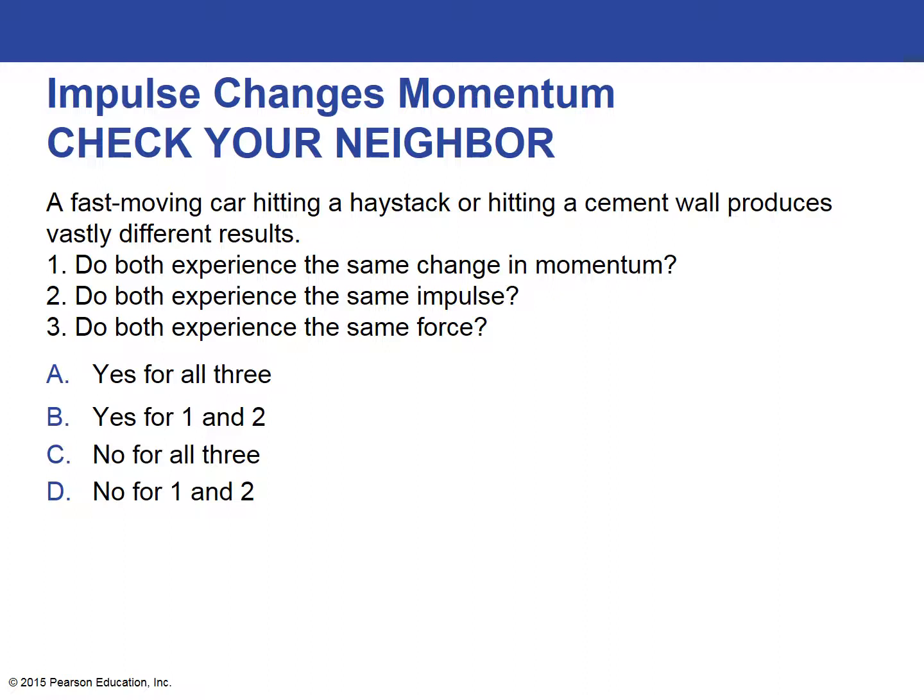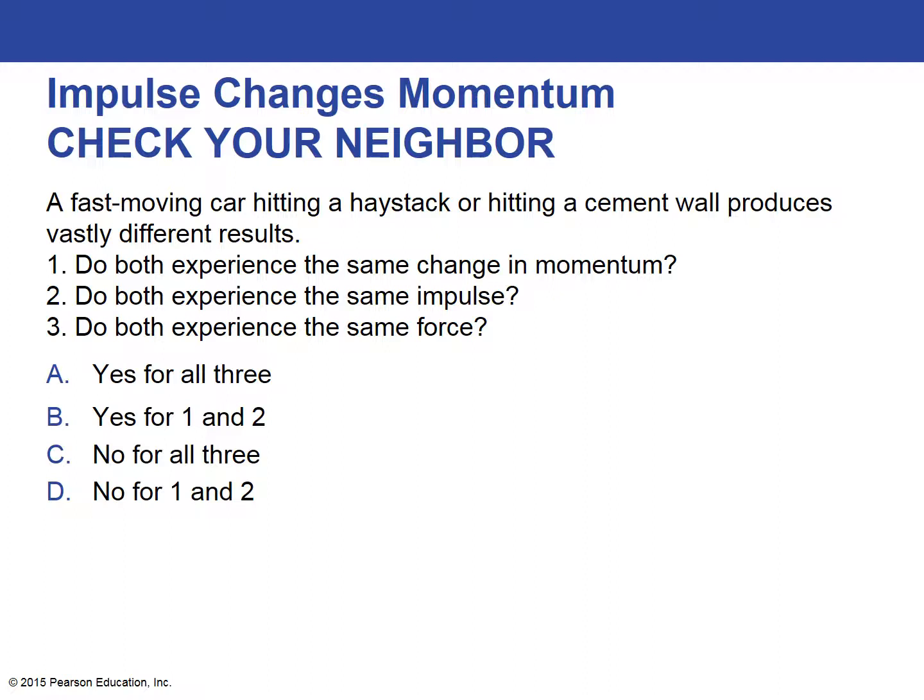And so the haystack does provide a cushion to slow the vehicle, but we're looking now at the specific properties of the vehicle as it hits these two barriers, one being a haystack and the other a cement wall.